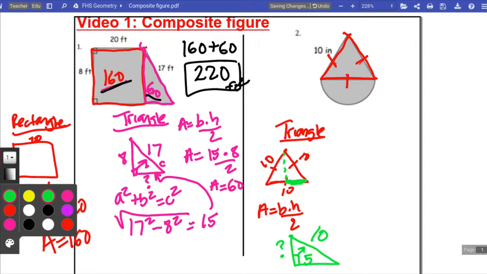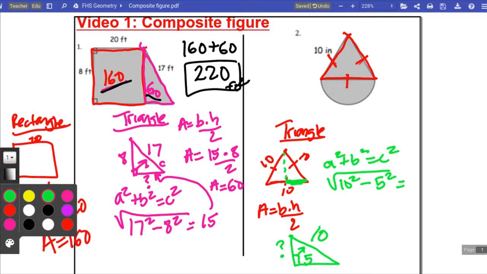So I'm going to use what I was telling you. Remember, it used to be a squared plus b squared equals c squared, right? Because the c is given, you can just do 10 squared minus the other number, the 5 squared.